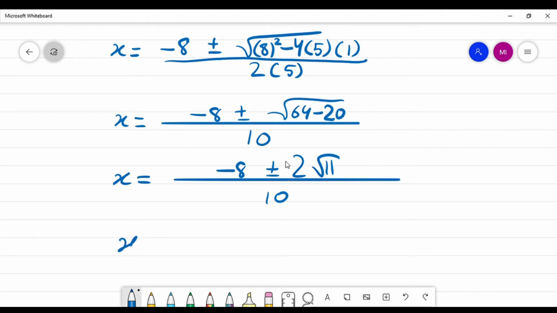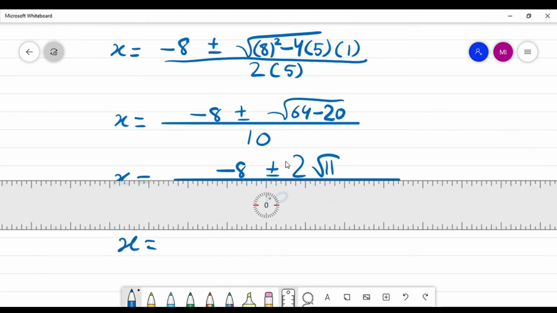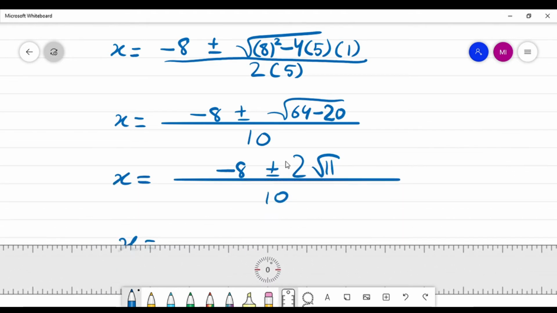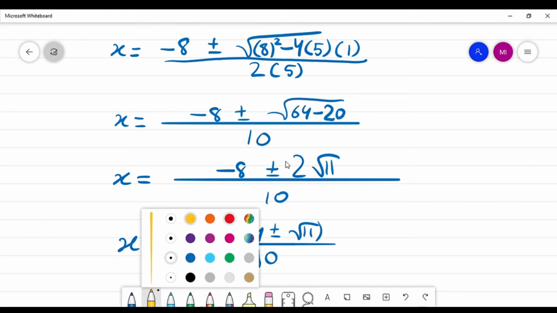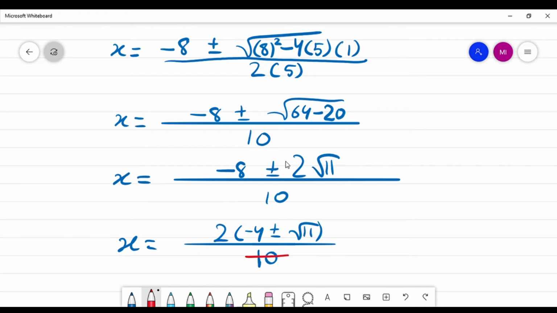And so x is equal to, let's take 2 common, so 2 into negative 4 plus minus under root of 11 divided by 10. And now this 2 and this 10 cut out, and we get 5 in the denominator.